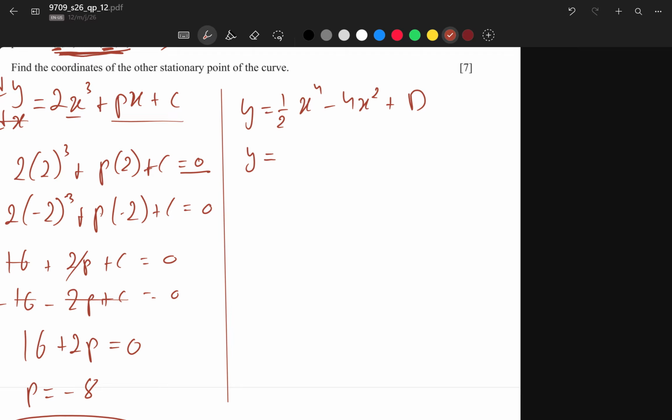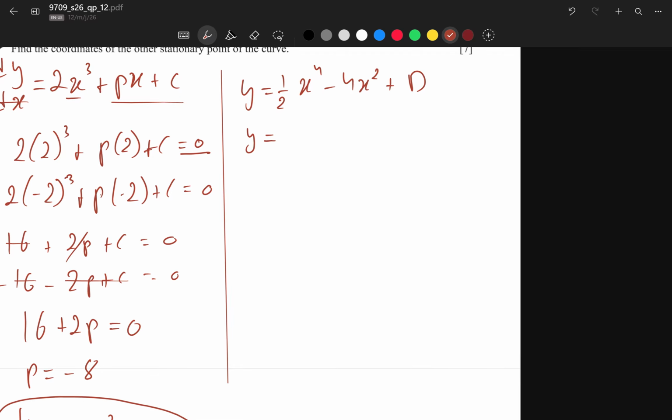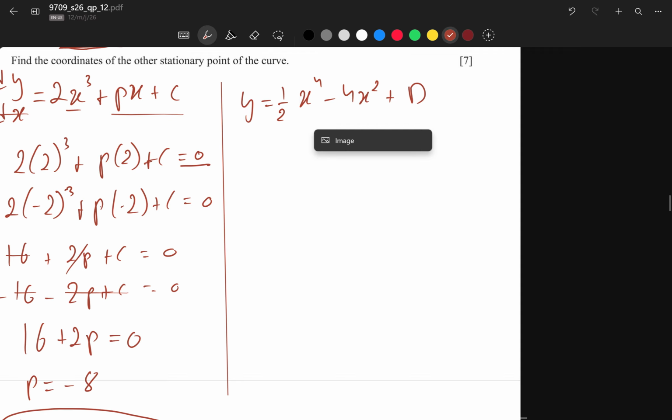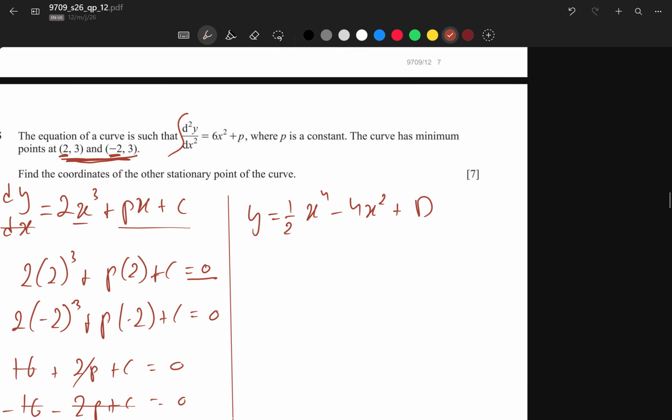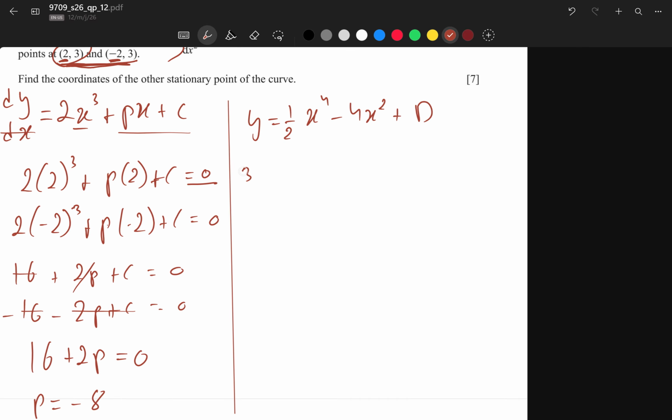Let's put y is equal to 3 and x is equal to 2. Let's use this coordinate. So 3 is equal to half into 2 raised to power 4, which is 8. So 8 minus 16 plus d. So d is equal to 11.